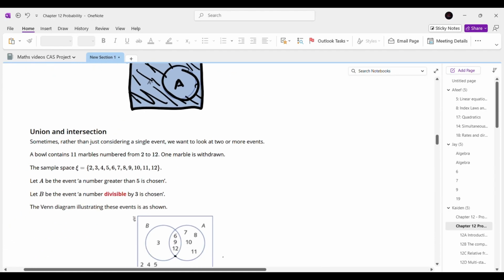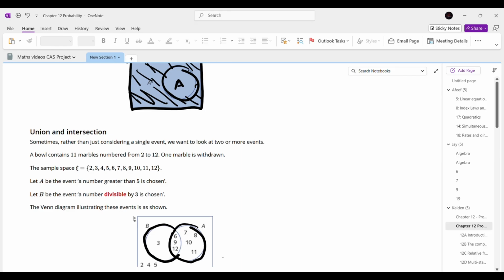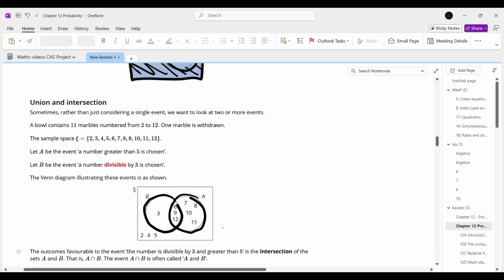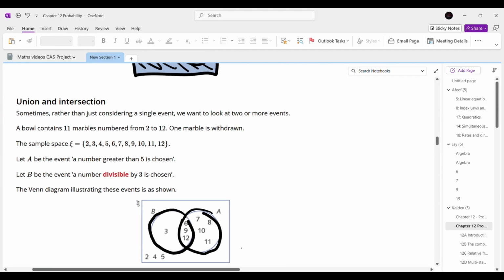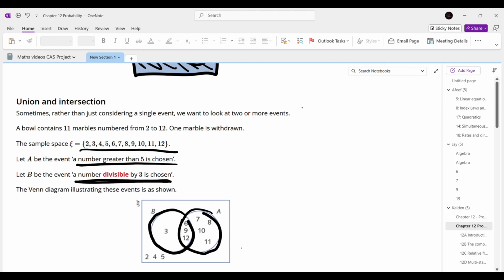Sometimes we have more than one event in our Venn diagram. For example, here we have event A, and we also have event B. Event A is a number greater than 5 is chosen. Event B is a number divisible by 3 is chosen, and our sample space is 2 to 12 with 11 different values.